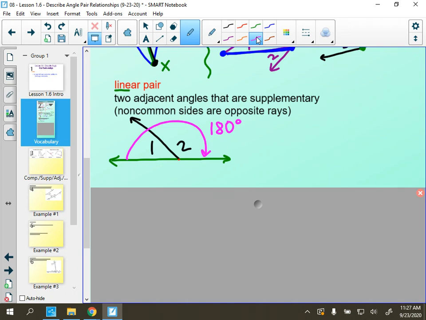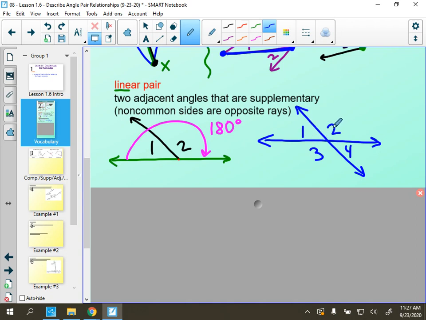Common ones we'll see, though, and sometimes confusing, would be something like this. Now I've just got intersecting lines, and by doing that, we've created 4 different angles, and I say, hey, what are all the linear pairs on the board right now? Well, angles 1 and 2, just like we talked about, but then I also have 1 and 3.